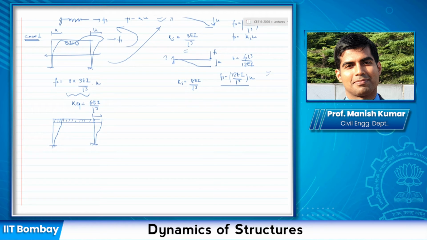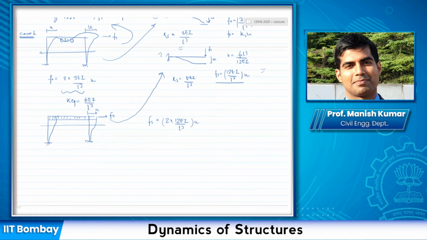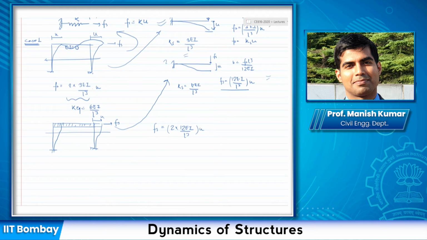This somewhat replicates the second scenario that we saw. In this case, this is U and this is force Fs. I can represent my Fs as 2 times, since I have two columns here, 12 EI by L cube times the deformation of the frame. So in this case, my Ks is 24 EI by L cube.